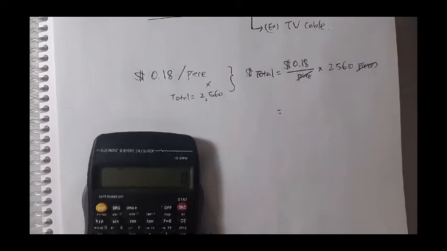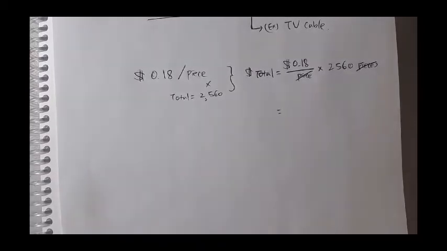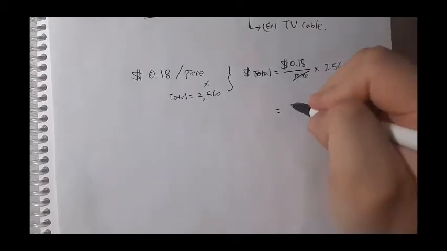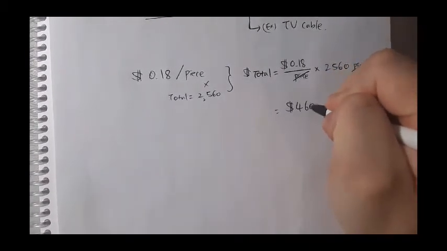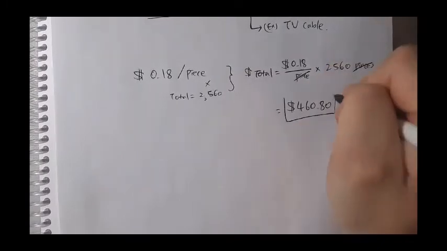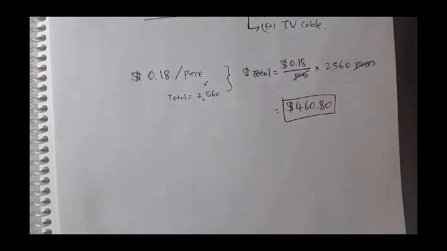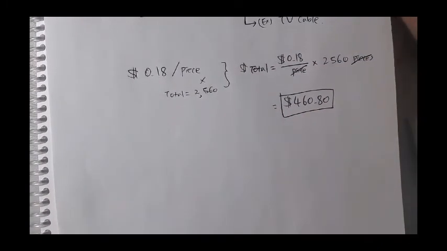And what you can do after that is basically multiply. 0.18 times 2560 gives me 460.80. So as you may notice, it does involve some calculation, but it is relatively straightforward.